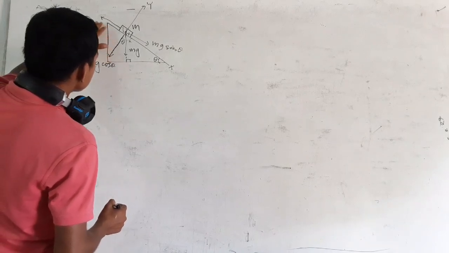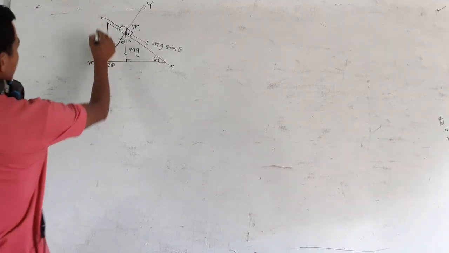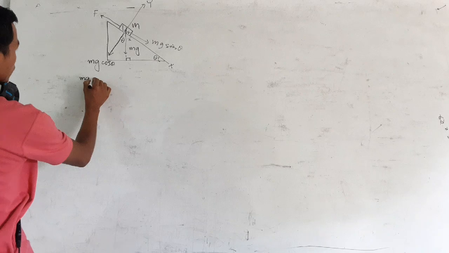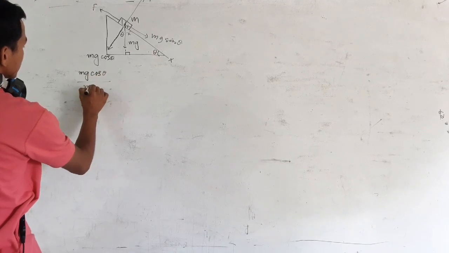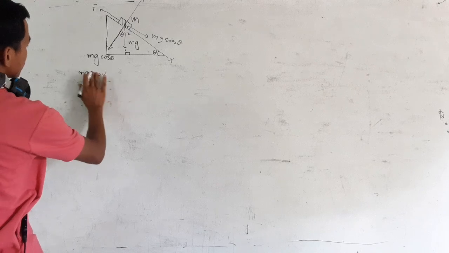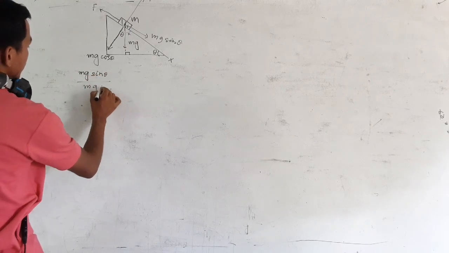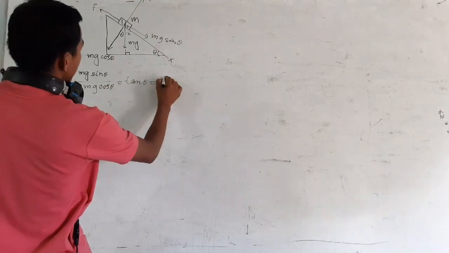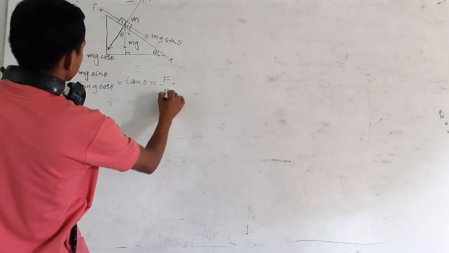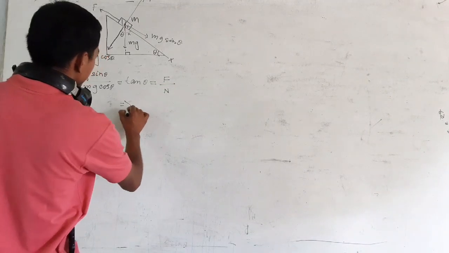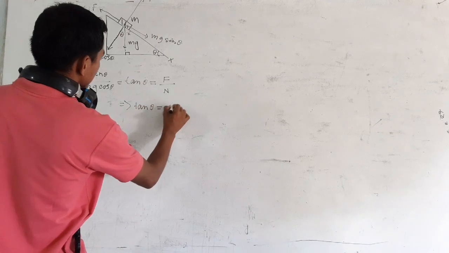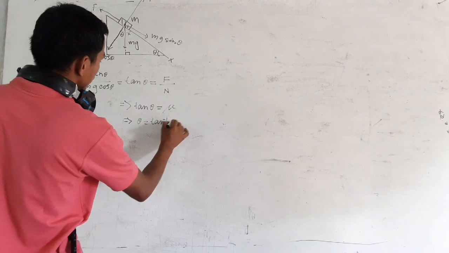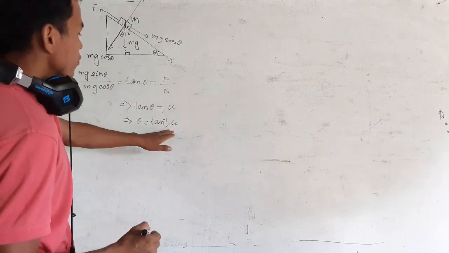Therefore, this is the limiting value of the friction, F. Now we have mg sin theta divided by mg cos theta, which is equal to tan theta, equal to F divided by the normal reaction N. Therefore, F by N is the coefficient of friction mu, so theta is equal to tan inverse of mu. This is the relation between the angle of repose and coefficient of limiting friction.